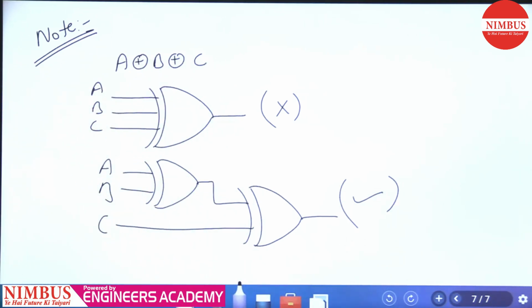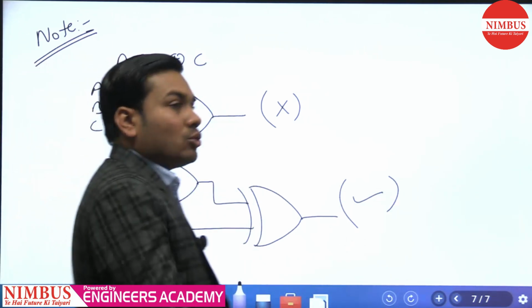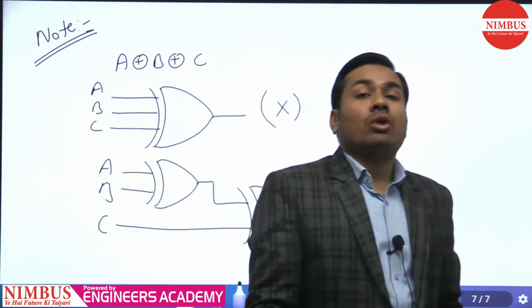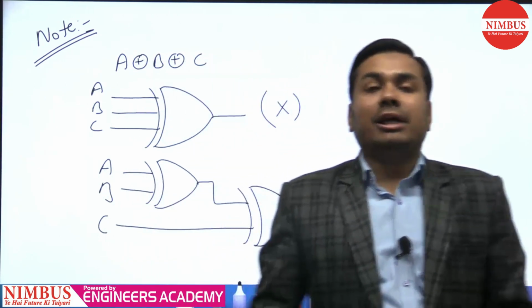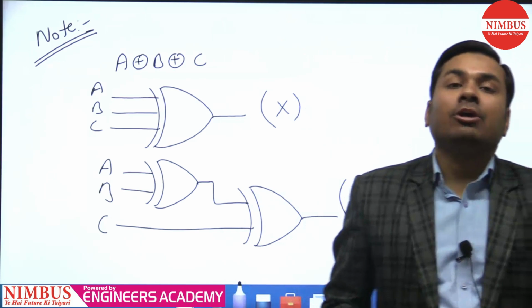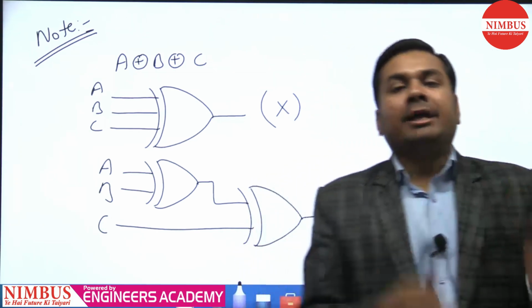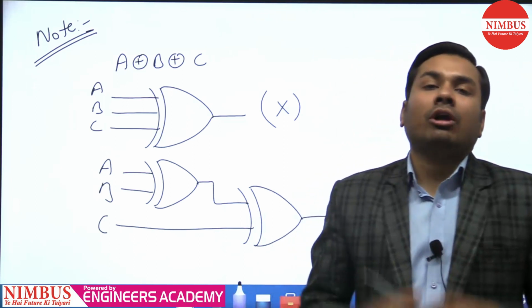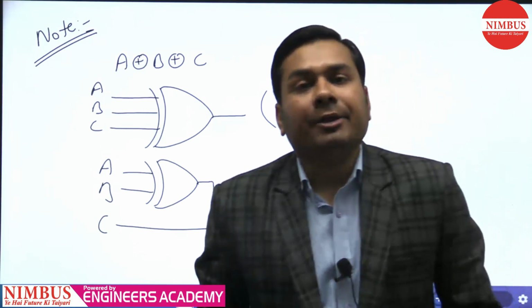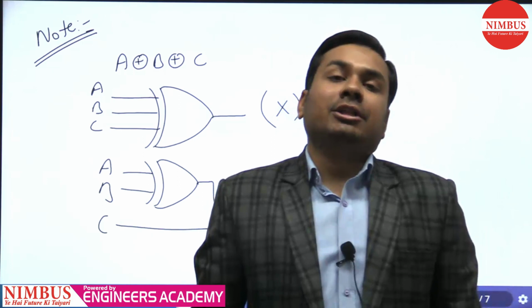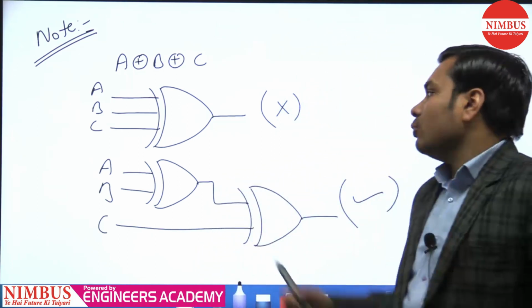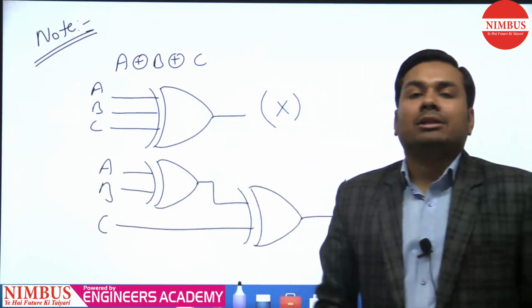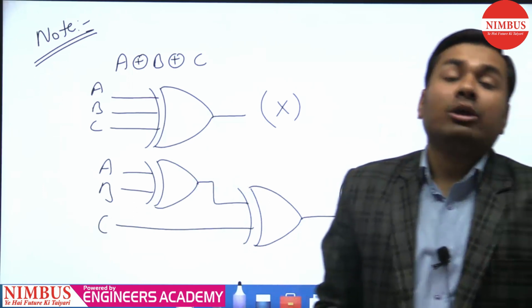So the XOR gate and even the XNOR gate, both of these gates are available with only two inputs, while AND gate, OR gate, NAND gate, NOR gates are available for any number of inputs, right? In XOR and XNOR we apply only two inputs. These are our two input gates.